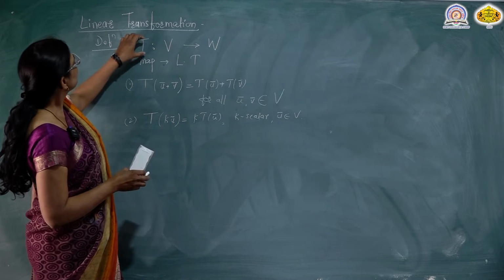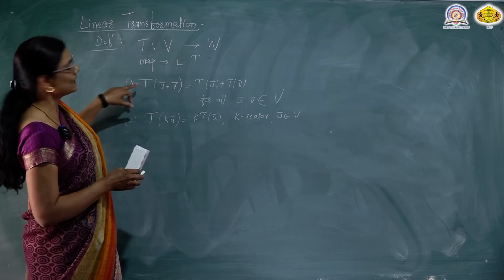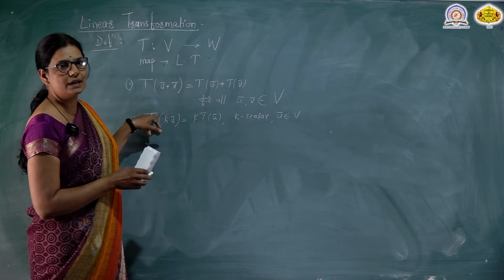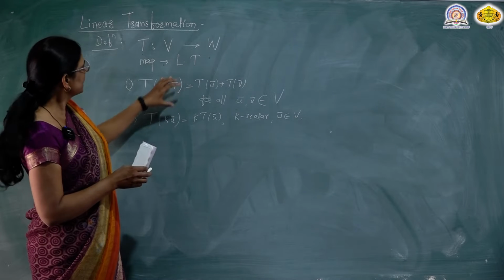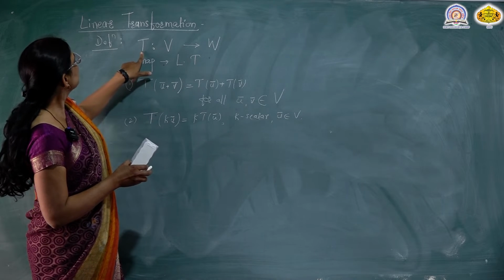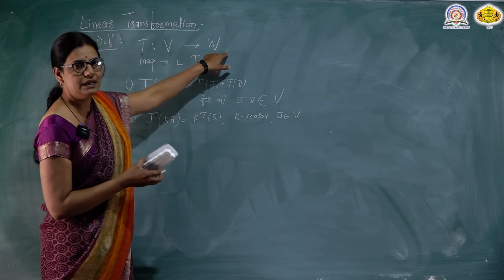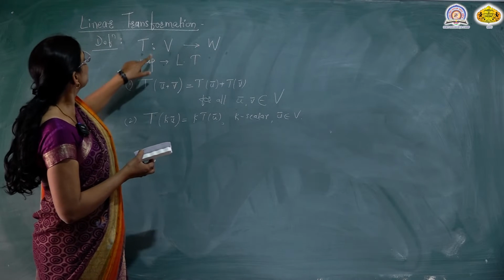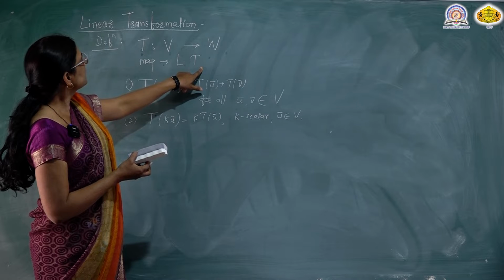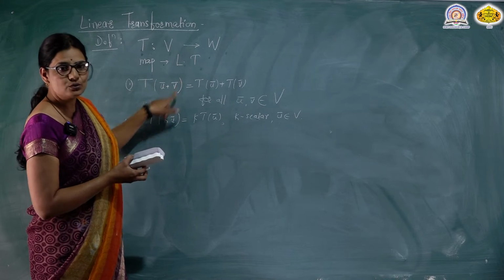Any mapping T from V to W satisfies these two properties, it is called a linear transformation. Again see what is the definition. T is a mapping from vector space V to vector space W over the field say F. So this mapping is called the linear transformation if it satisfies these two properties.